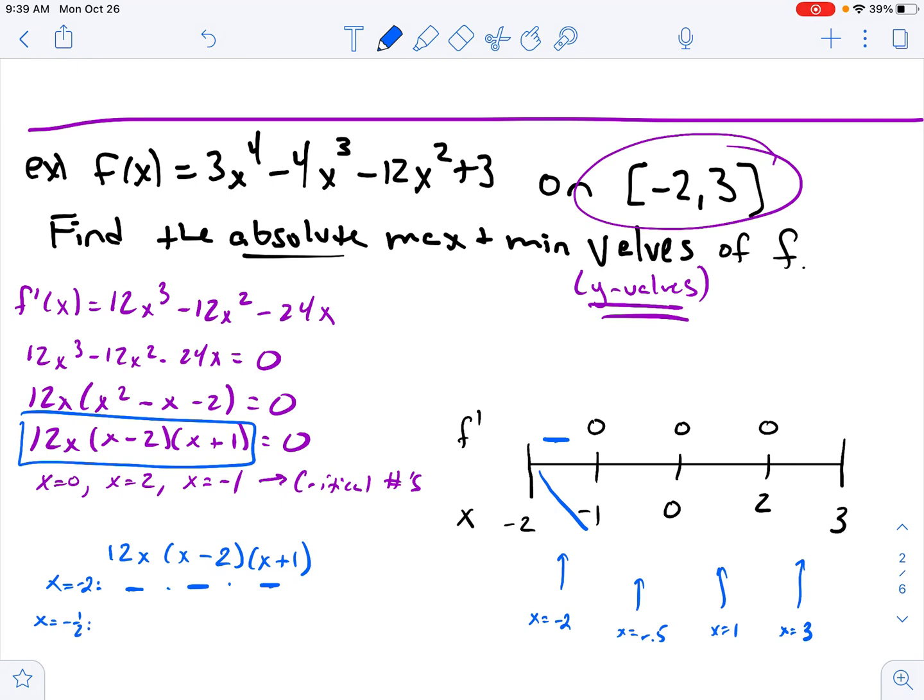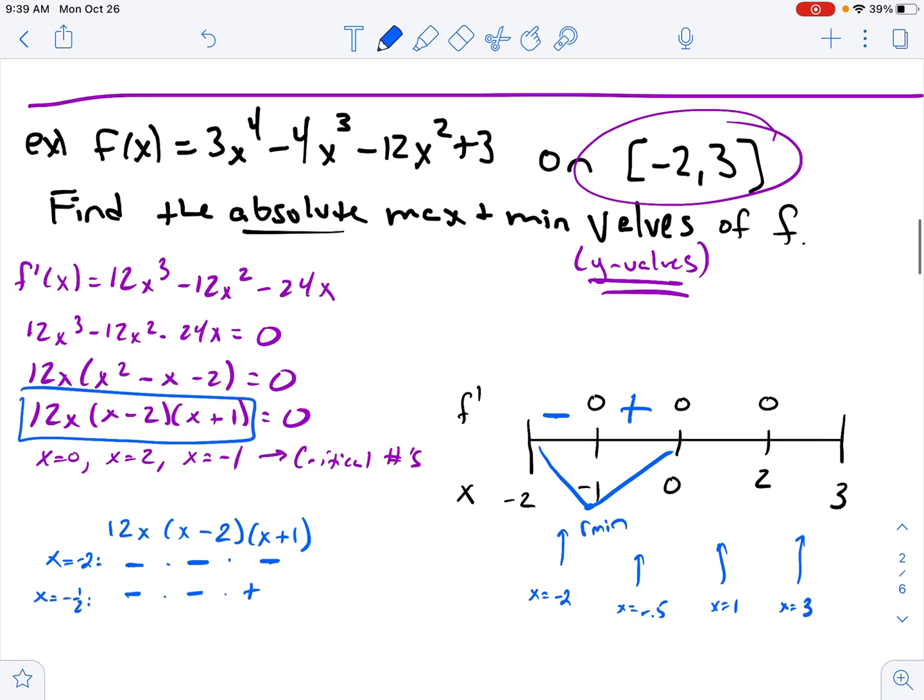At x equals -1/2, 12 times negative anything is negative. -1/2 minus 2 is negative. -1/2 plus 1 is positive, though. So this product is going to come back positive. So the function's derivative is positive on that interval. We're now increasing. And what did we just find? We found ourselves a relative min. We went from decreasing to increasing. We see that low point.